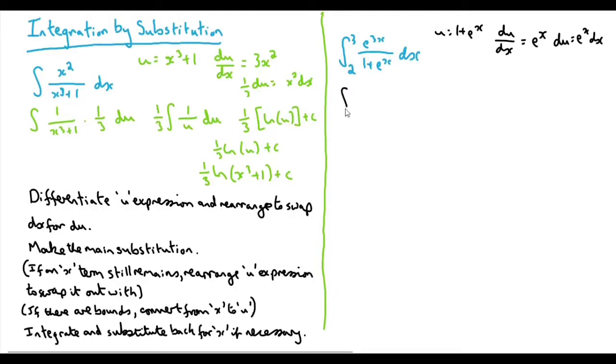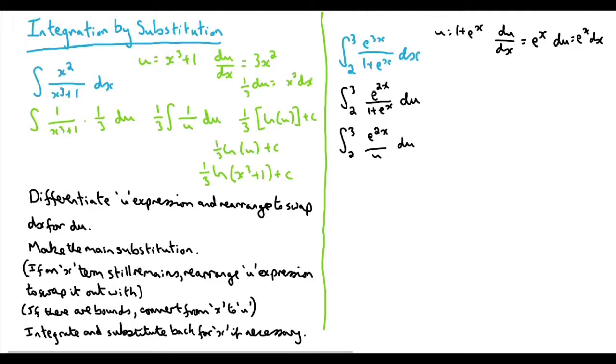What we're left with, so still between these bounds of 3 and 2, is going to be e to the 2x over 1 plus e to the x, and then that just becomes your du. At this point then, yeah, we could switch out this denominator to just become a u, so e to the 2x over u du, but we now have x terms still remaining.